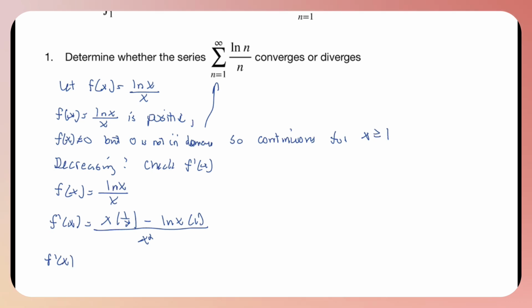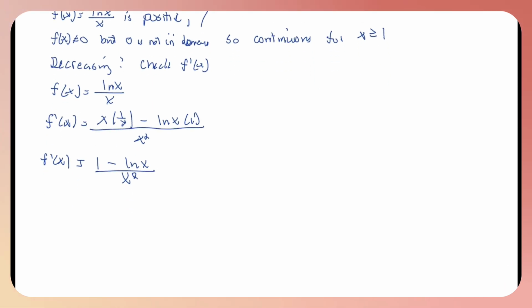Okay, simplifying that down, I end up with 1 minus the natural log of x over x squared. Now, x squared will always be positive because you're squaring that value. The natural log of x will give us values that are greater than 1. So if I take 1 minus something greater than 1, I'm going to get a negative value. And so I have negative over a positive, which is negative.